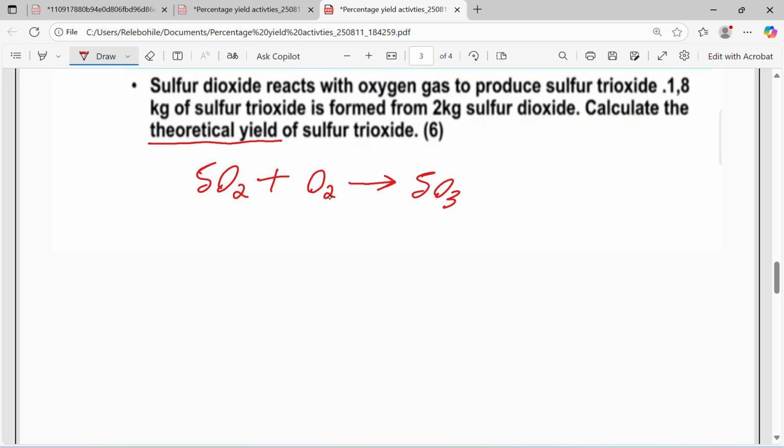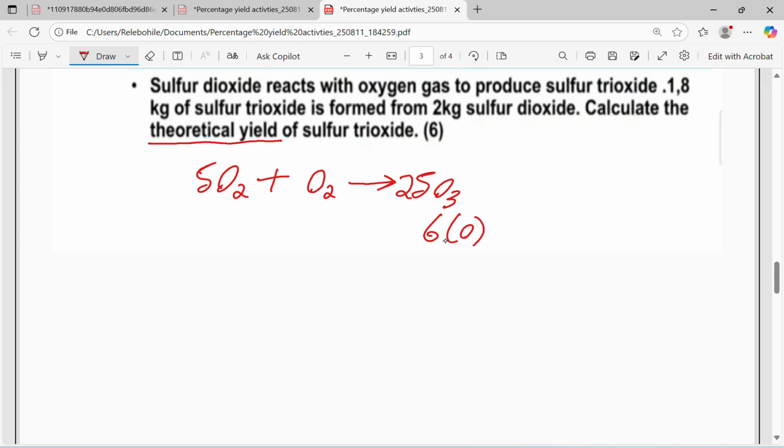I'm going to take this value at the bottom and put it up here as my coefficient. So now I have 2 sulfurs on the right, and if I multiply this 2 with this 3, I now have 6 oxygens on the right.